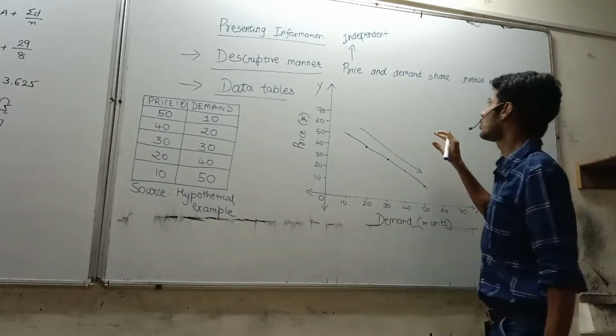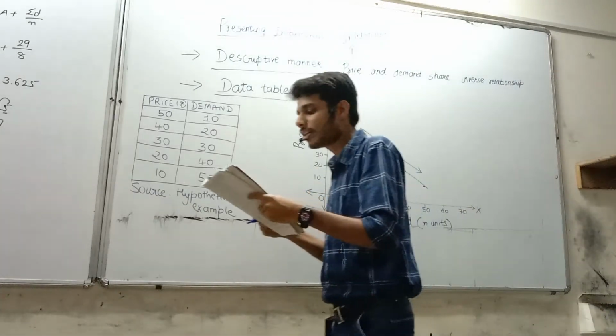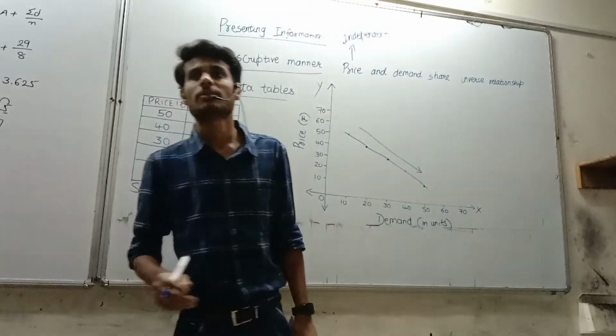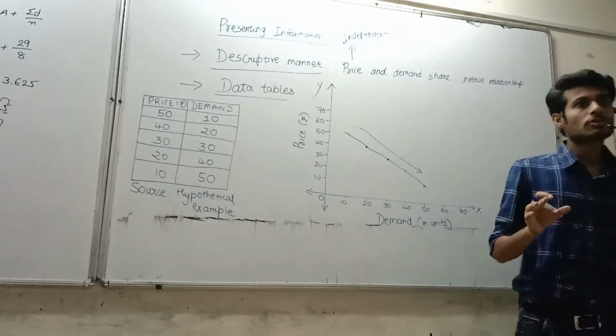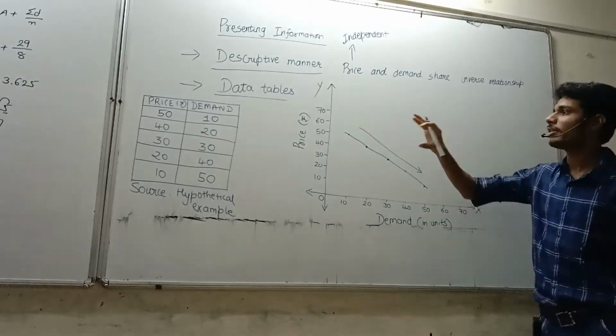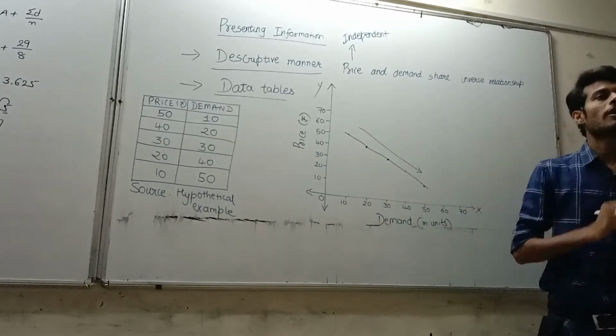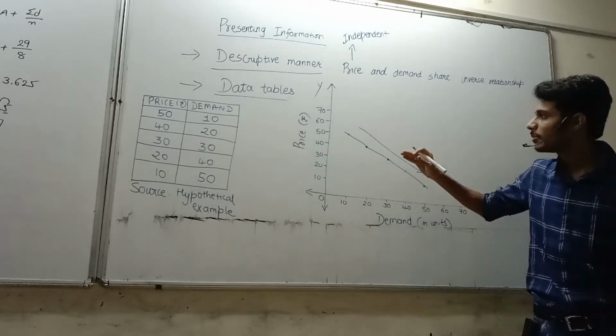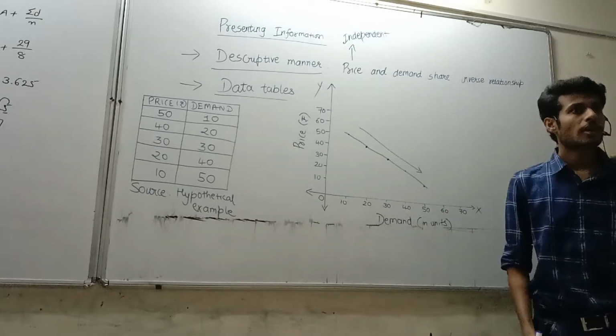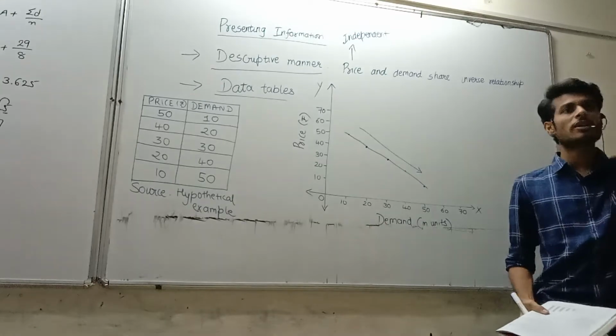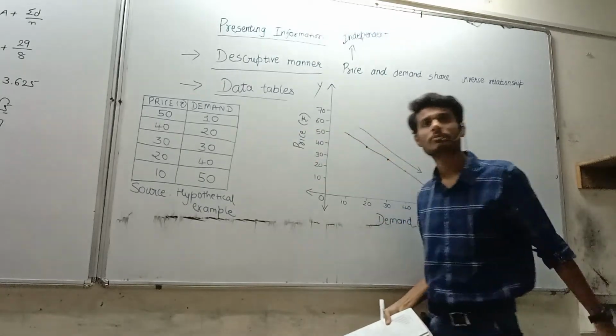Now, third one is selecting appropriate scales. After I stop explaining, you all have to write these things in your fair book. But when you write in your fair book, are you going to take 1 centimeter is equal to 1 unit?